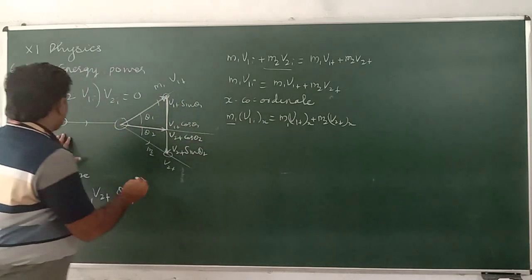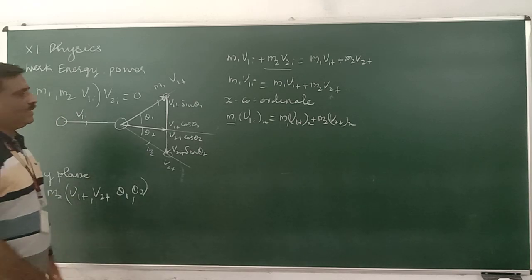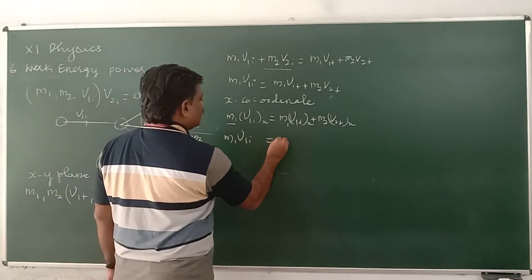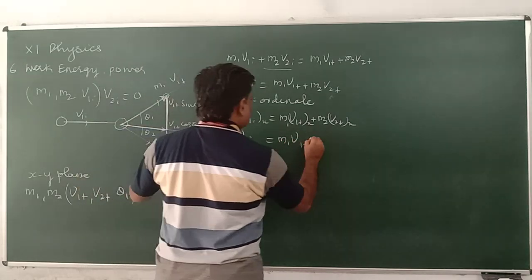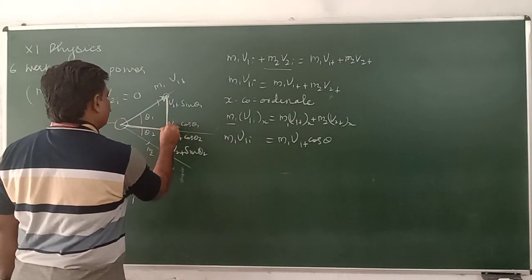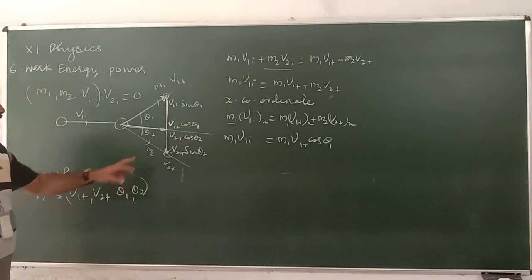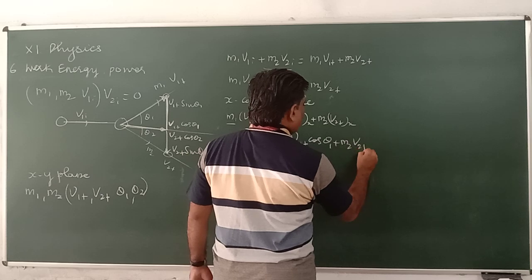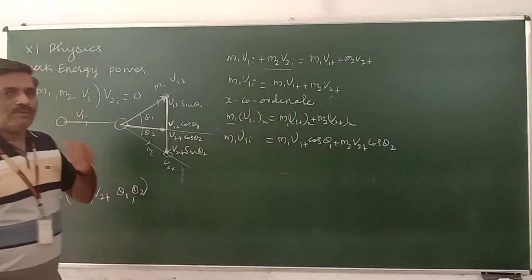Total v1i is along the x coordinate, so it becomes m1 v1i equal to m1 v1f cos theta 1, which is along the x direction, plus m2 v2f cos theta 2. This is one equation.